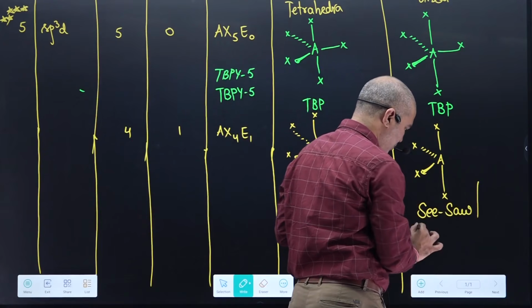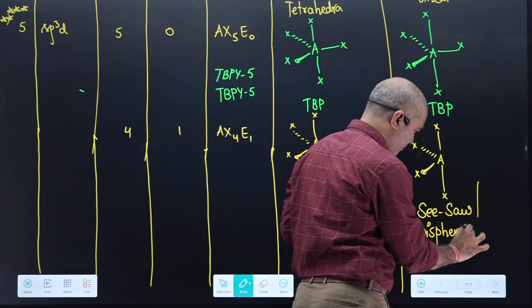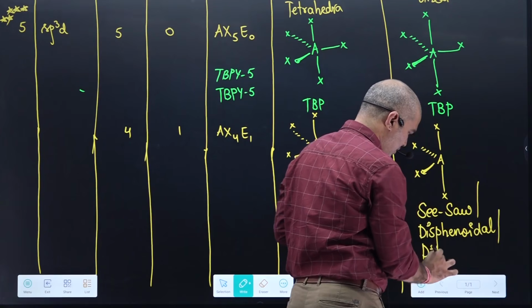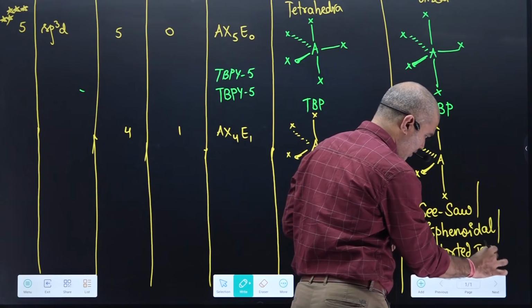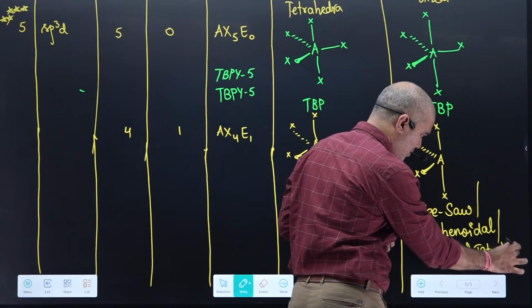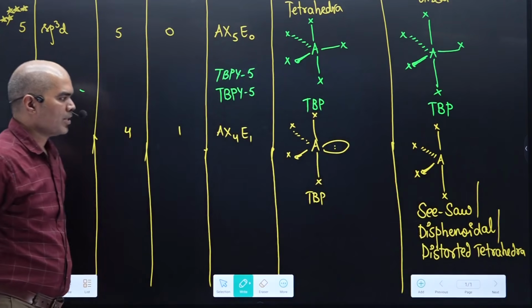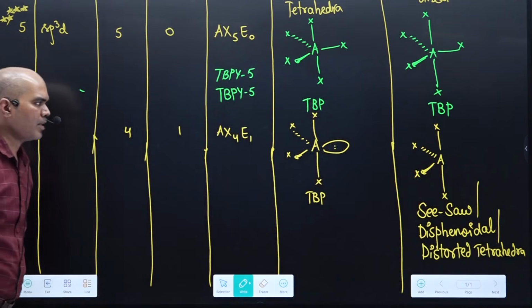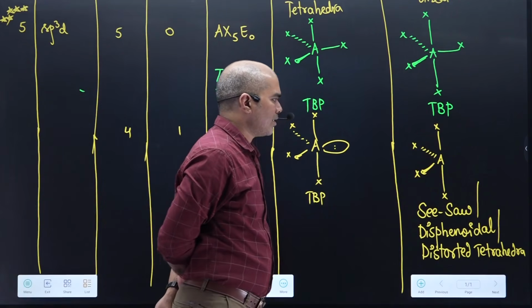There is one more name. It is called as disphenoidal or distorted tetrahedral. Three different names. Most common is seesaw. But disphenoidal is another name. Distorted tetrahedral is also another name. It doesn't look close to tetrahedral, but it is given in the literature as distorted tetrahedral.